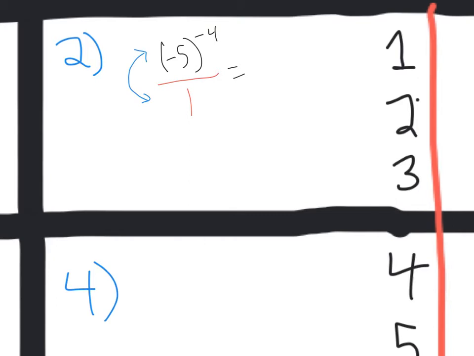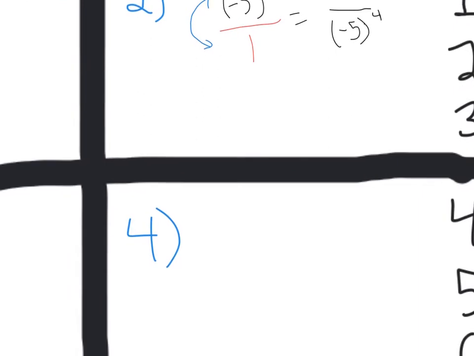So the 1 would end up on top. And here's the part where it's kind of tricky. This negative 5 just stays the same. The base stays the same. But that exponent, sure enough, gets changed to a positive exponent. And that's your answer for that one.